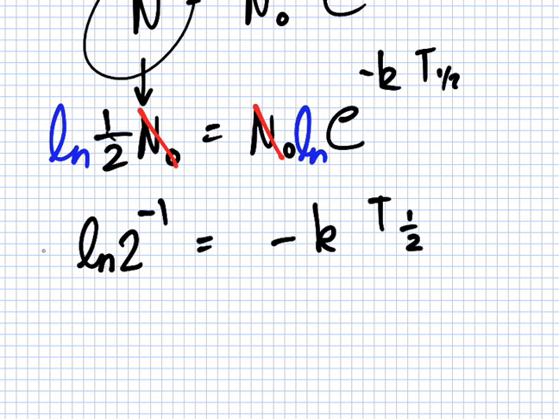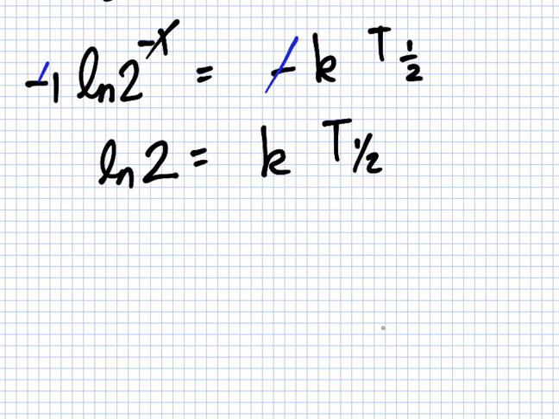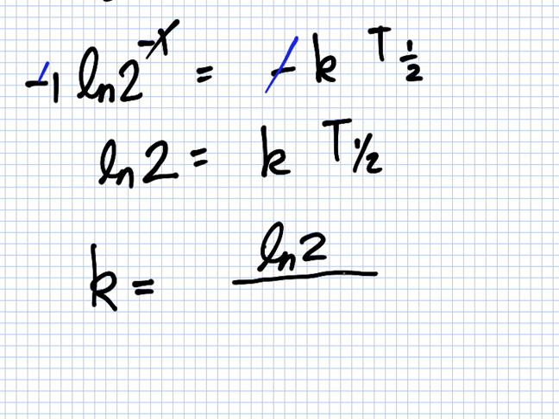So the minus 1 can come down, and then this minus can cancel this minus. So I get log 2 equals k t half-life. So now we have a formula for the k. The k is equal to log of 2 divided by the half-life.